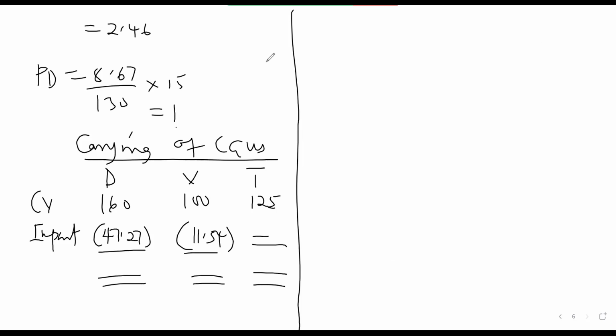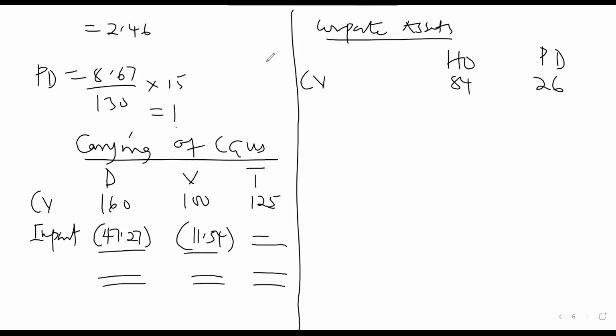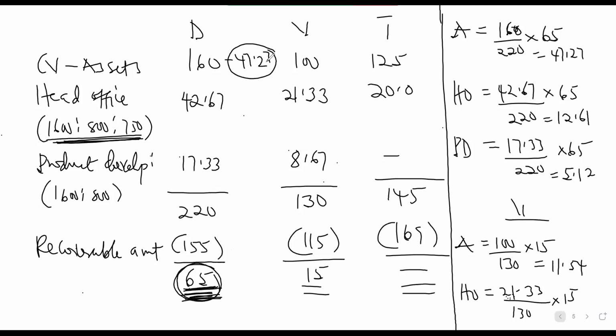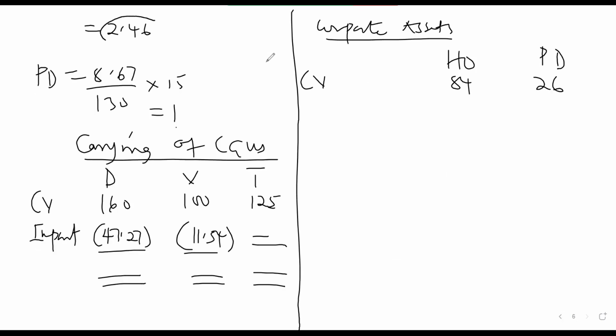Then you come to the corporate assets. For the corporate assets, you now have the head office and also the product development. You have their carrying value before the impairment. I'm sure that was 84 and that was 26. What is their total impairment now? You see that for the head office, they are impairing by 12.21 over here, and under this place, they are impairing by 2.46.